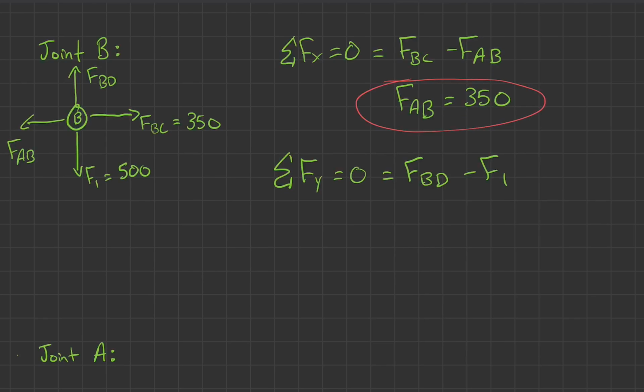Set those guys equal to each other, and we get force BD equal to 500. Okay, so joint B was pretty easy. All right, so that is 2 more of our members. So it looks like we've got just the 1 more member force to solve for here.